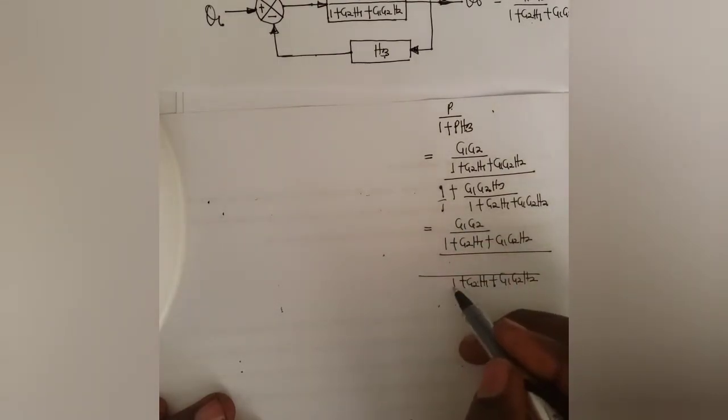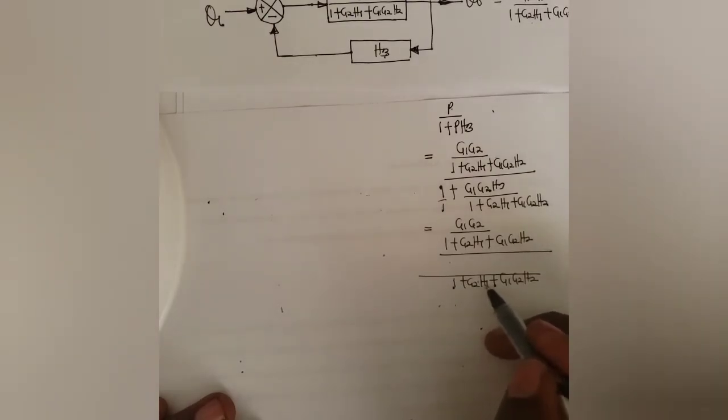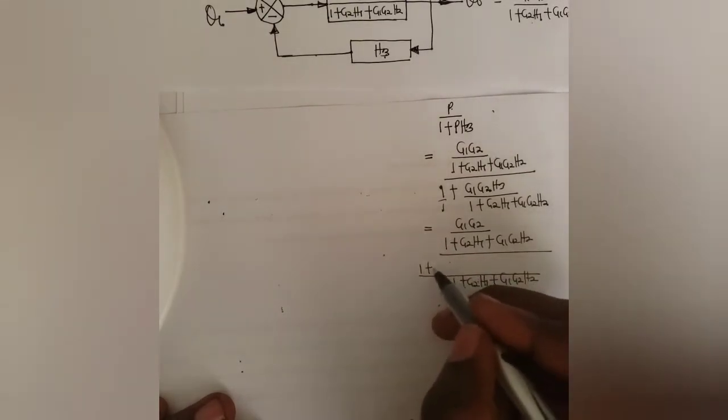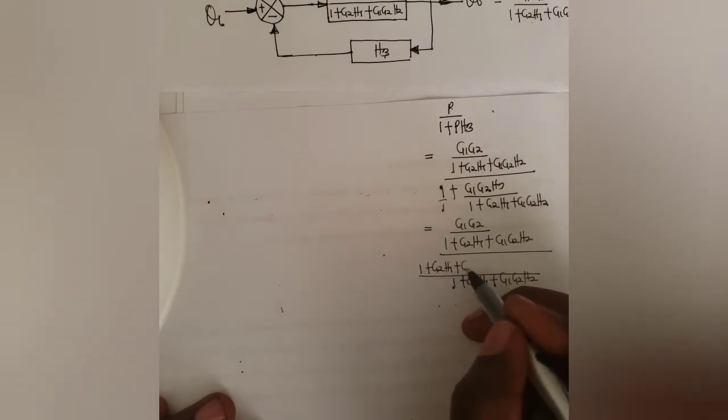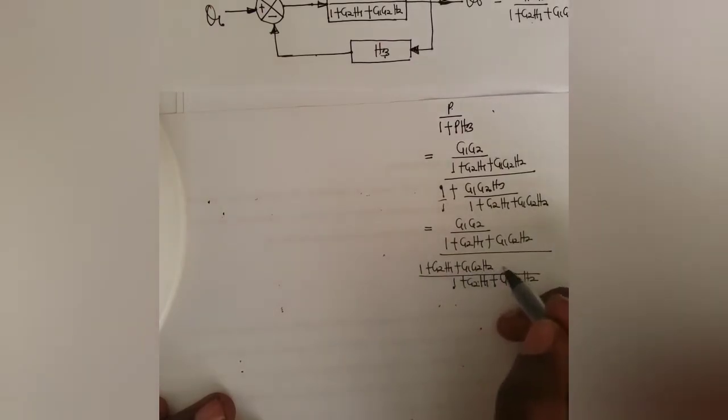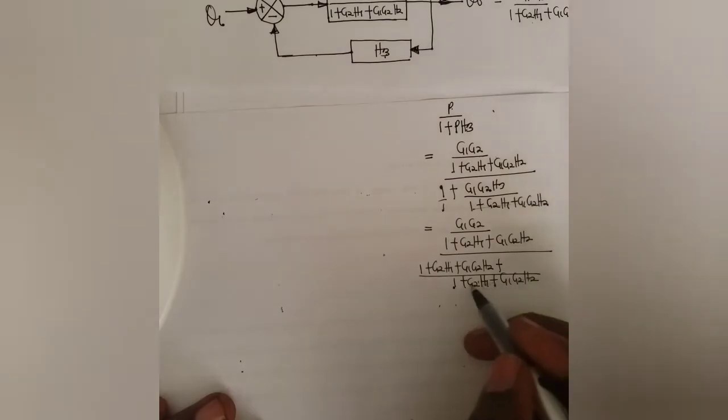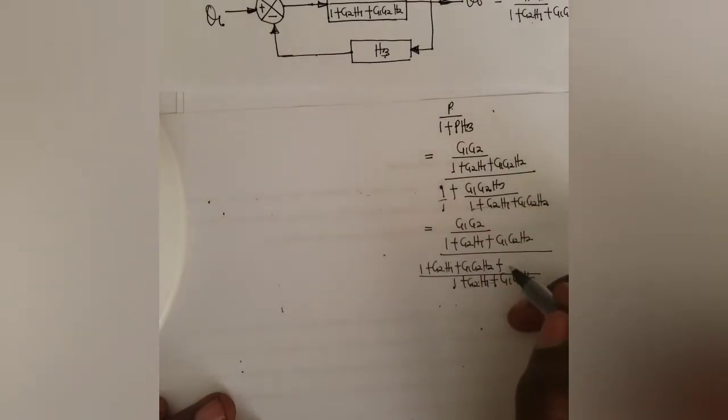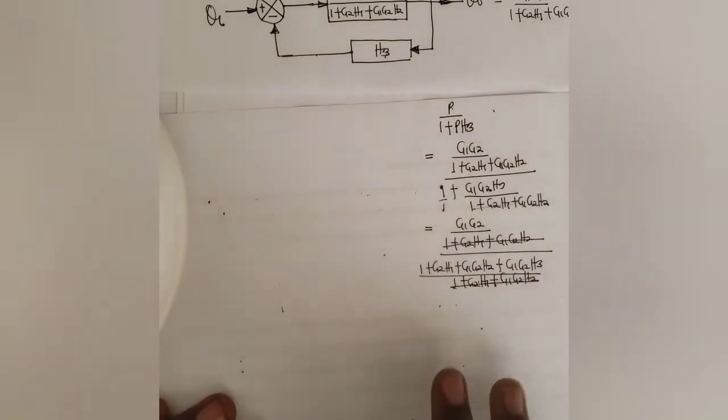So this and this is this times 1. I will have 1 plus G2 H1 plus G1 G2 H2 plus this and this will give us 1 times this, we're having G1 G2 H3, and this can easily take care of all this. So this is what is going to be my resulting answer.